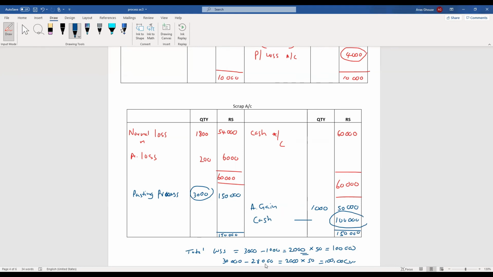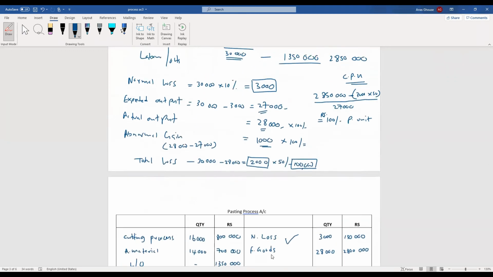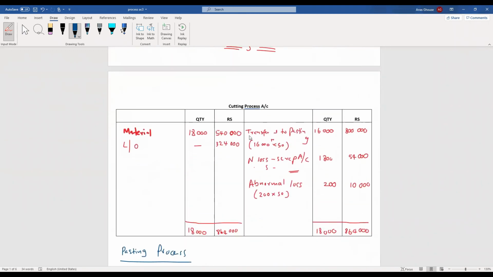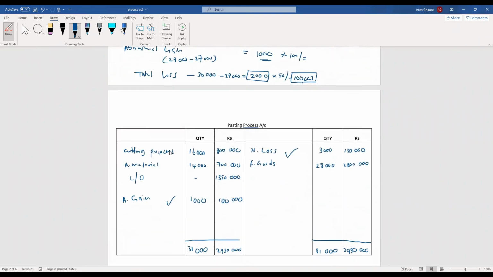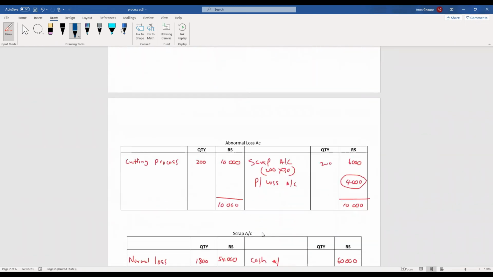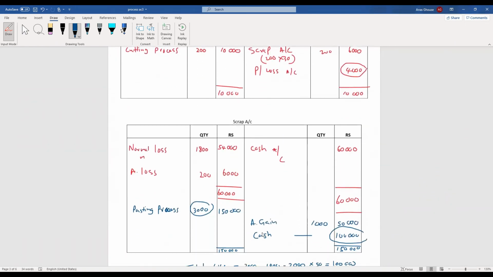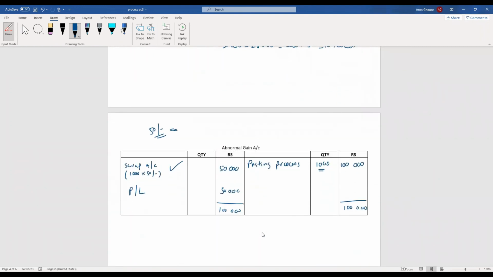So this is the final answer. We have the cutting process account and the pasting process account. And also we prepared the abnormal loss account, scrap account, and the abnormal gain account.